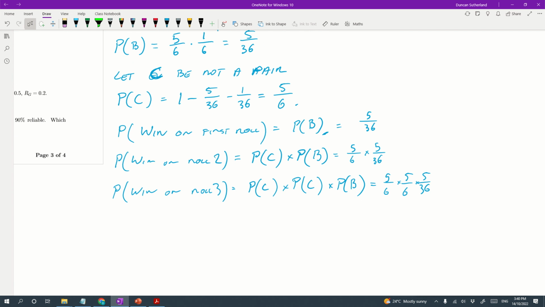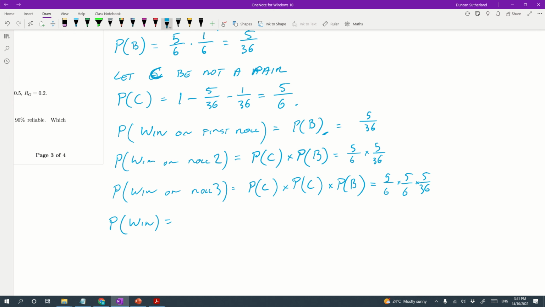Okay, so this becomes a calculator exercise now. Our winning total is then just the sum of these three probabilities. These events are mutually exclusive, and so you can just add up all of these probabilities.